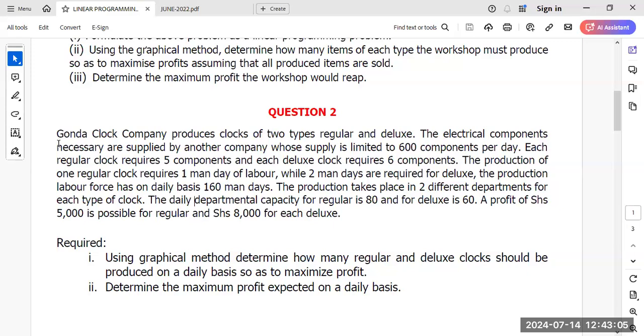So this question 2, they are telling us that Gonda Clock Company produces clocks of 2 types, regular and derivative. What comes into your mind at this point?